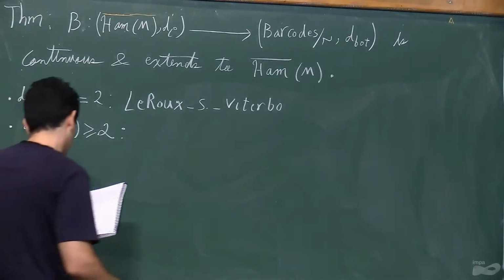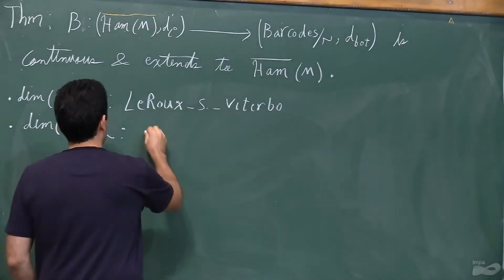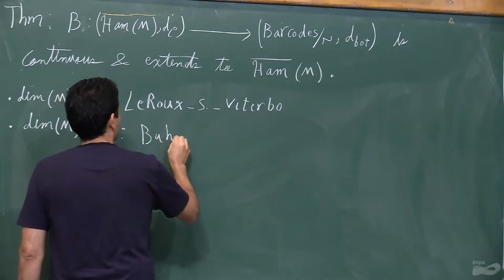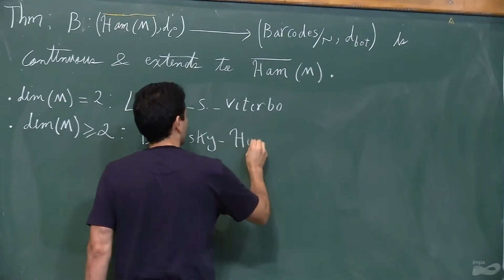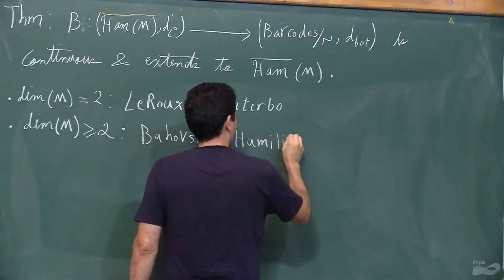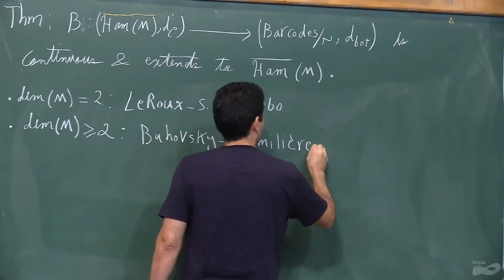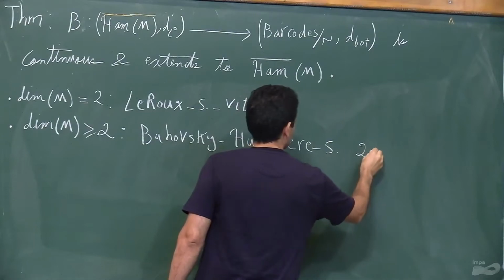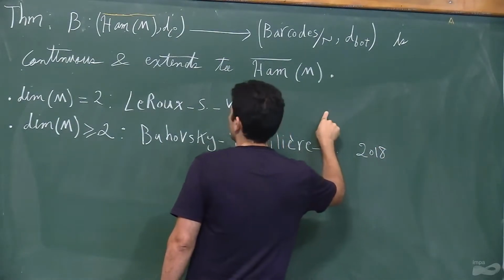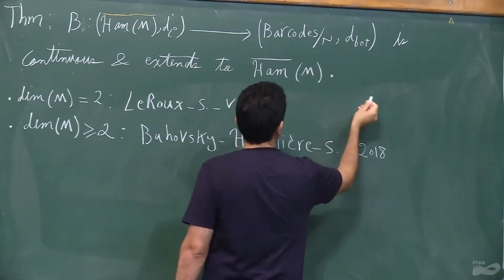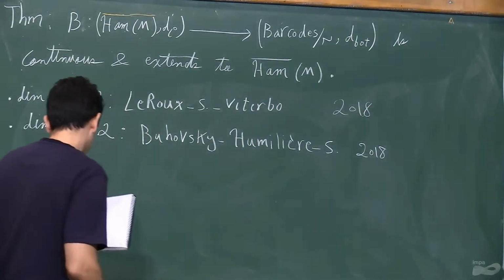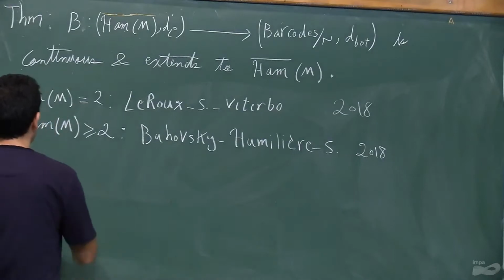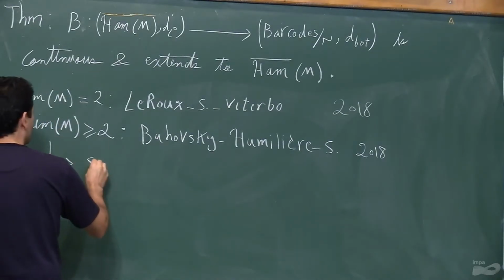And this appeared in a paper by Buhovsky, Humilière, and myself. And that's from 2018. I think this paper also appeared in 2018, but somehow the results were announced a couple of years before that.